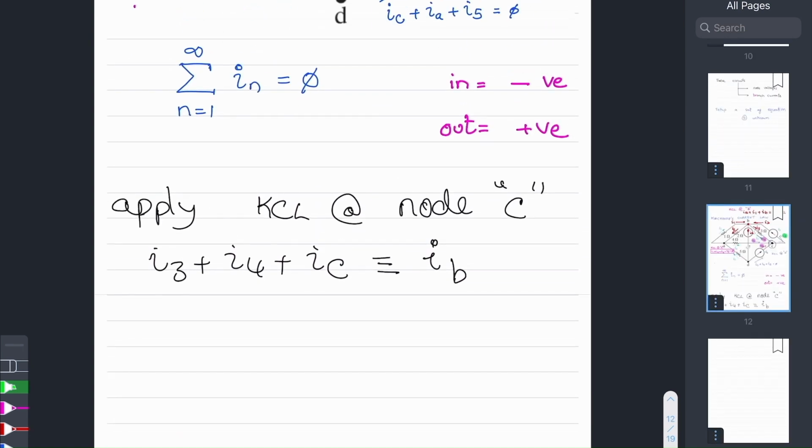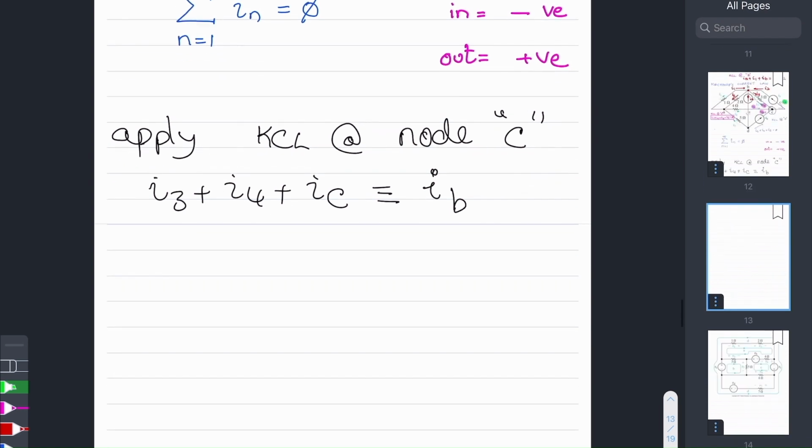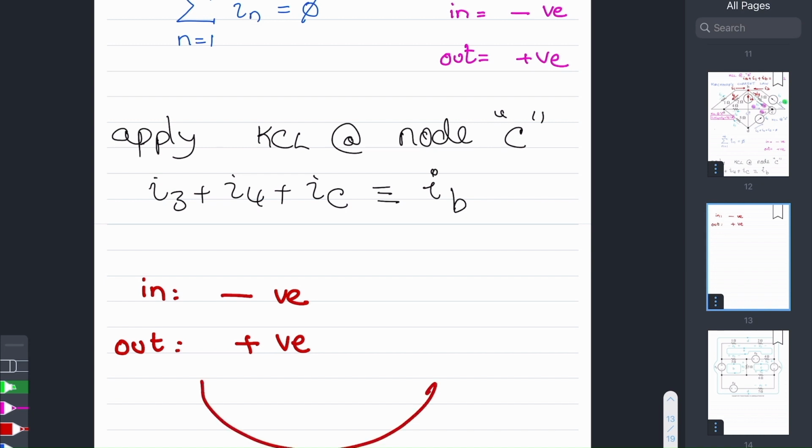Again, there are two ways to apply Kirchhoff's current law. One is to use the sign convention: treat all the currents entering as negative and all the currents leaving a node as positive. That is exactly the same.